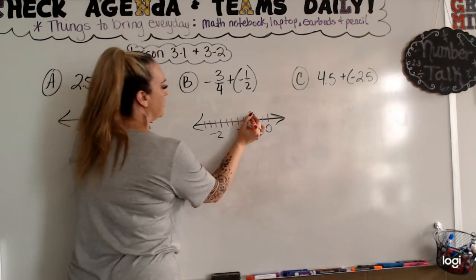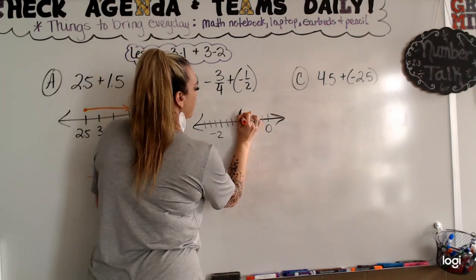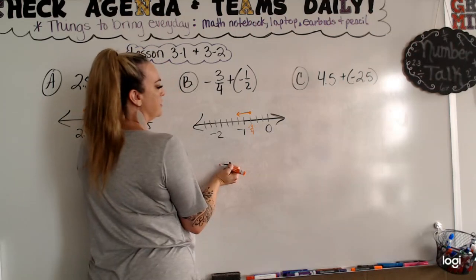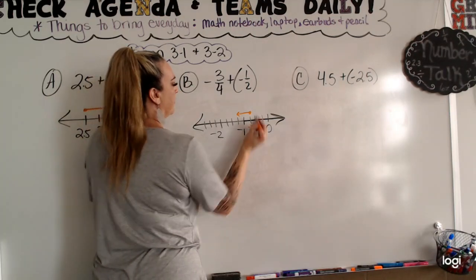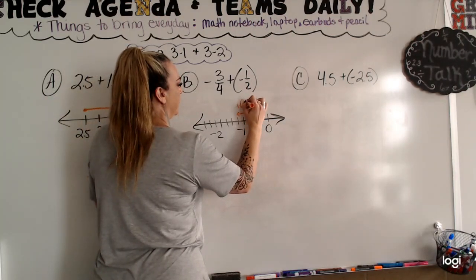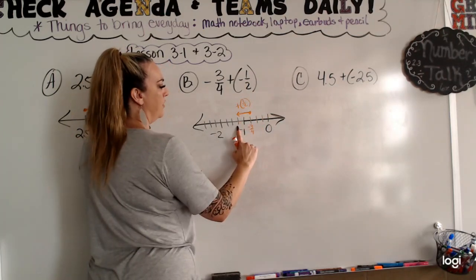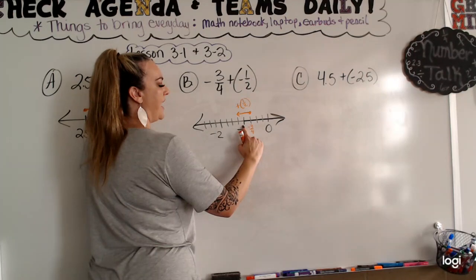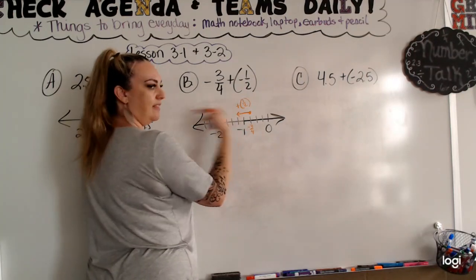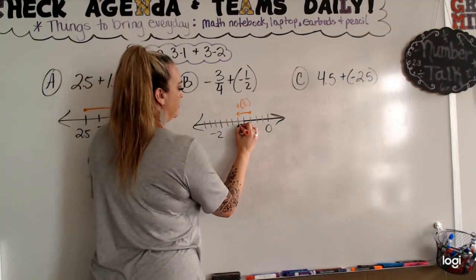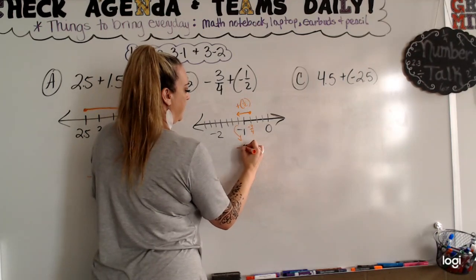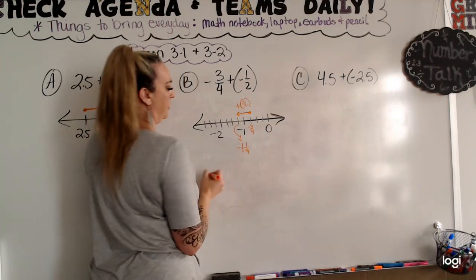So we're going to move 2 units, 2 tick marks to the left. This is when we added negative 1/2. Where are we now? Well, we're 1/4 past the negative in the negative direction. So this is going to be negative 1 and 1/4.